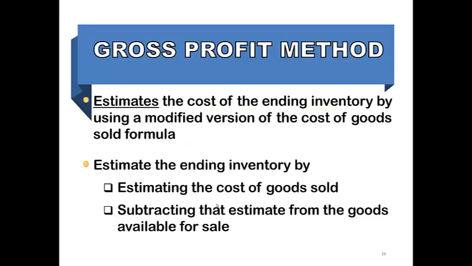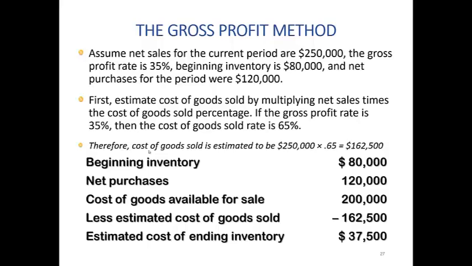With this method, we can estimate the cost of our ending inventory because we should know our goods available for sale, and then if we can figure out our cost of goods sold, we can back into our ending inventory figure. The important thing to remember about the gross profit method is the cost of goods sold formula.